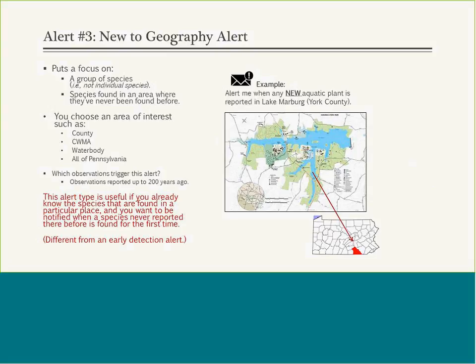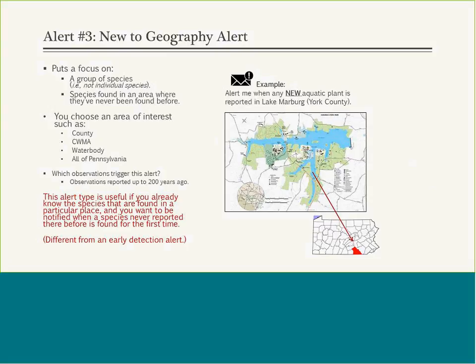So this is different from an early detection alert. It's not just for species that are rare. This could be for a common species. Say, for example, garlic mustard has never been found in a certain area before. That's a pretty common species in the state, but maybe it hasn't been found in that area. That would trigger a new to geography alert.